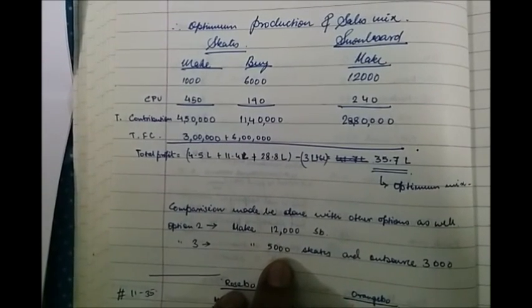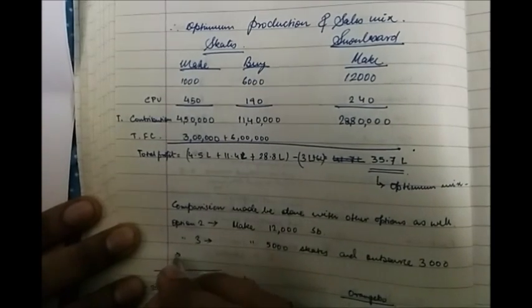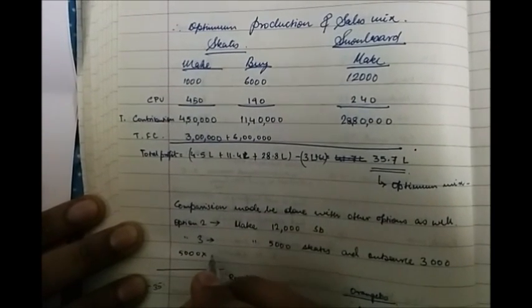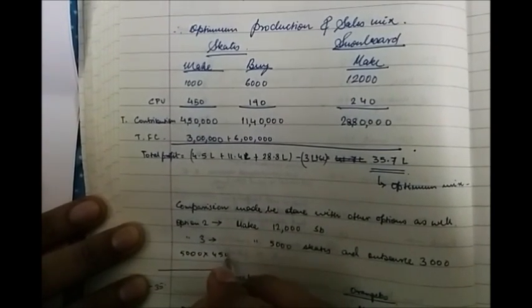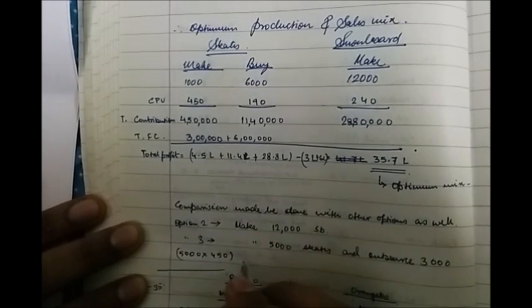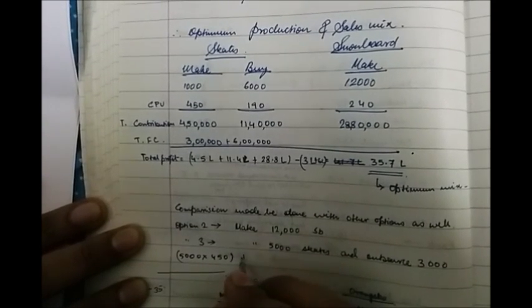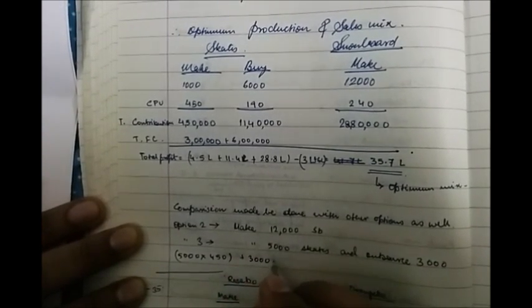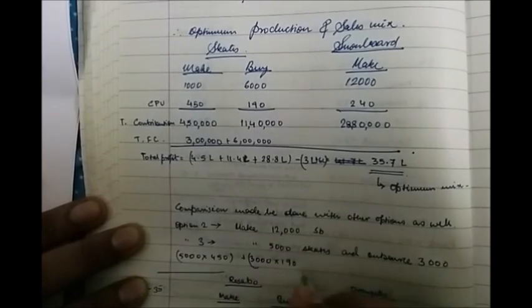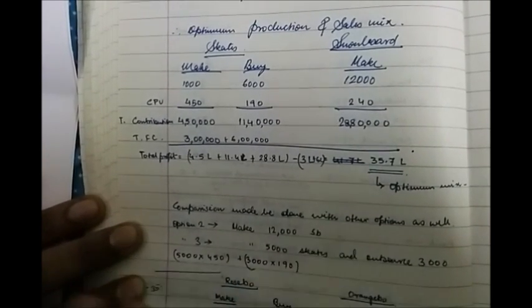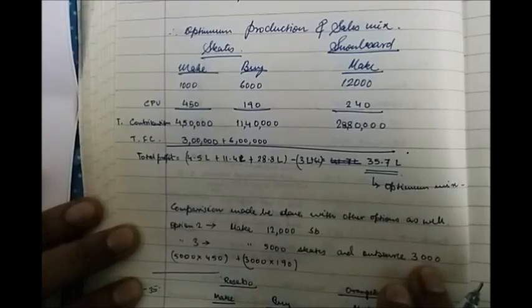For 5,000 skates, the contribution will be 5,000 into 450 rupees. That will be the total contribution. And the contribution from the bought part will be 3,000 into 190. It is 3,000 because it is outsourcing, no? It is from the bought part.